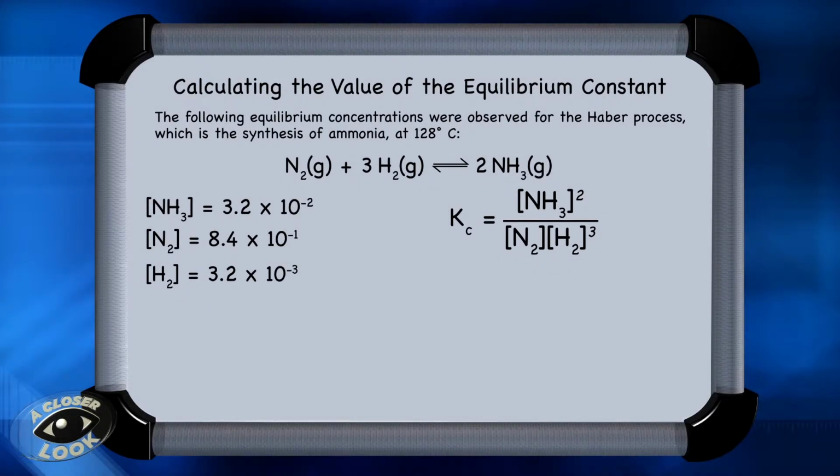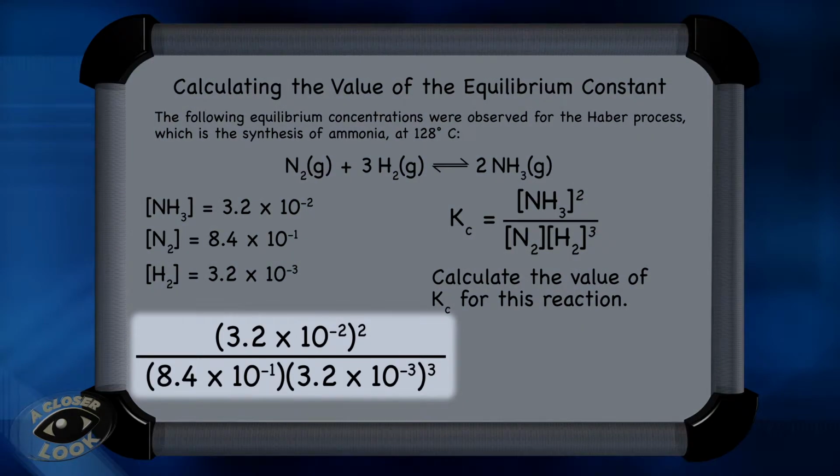And again, this expression is found by taking the equilibrium concentrations of the products raised to their coefficients over the equilibrium concentrations of the reactants raised to their coefficients. This is an equilibrium expression, so before we plug in any values, we need to make sure they are equilibrium concentrations. Taking the equilibrium concentrations that were given to us in the problem and plugging those into the equilibrium expression, we get this expression here.